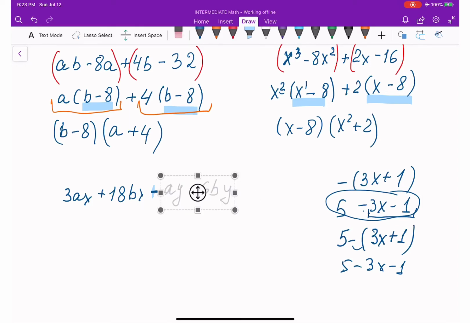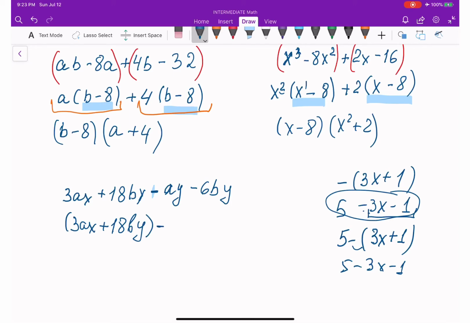Since I'm going to make changes, I want to keep the original one so you would know what's happening here. So it's going to be parentheses 3ax plus 18by.